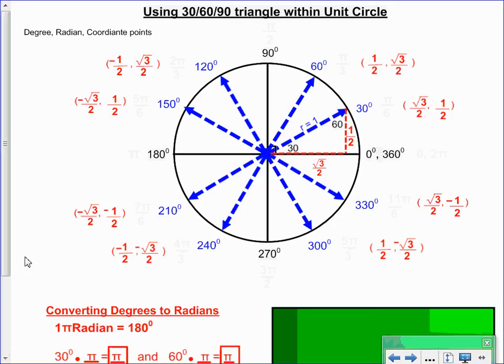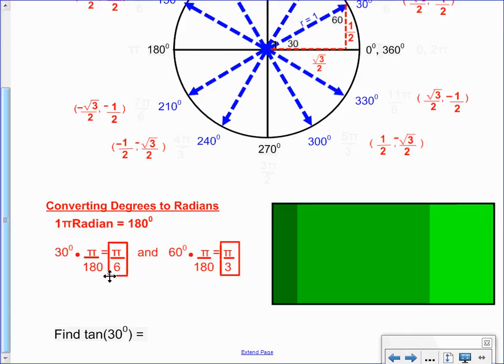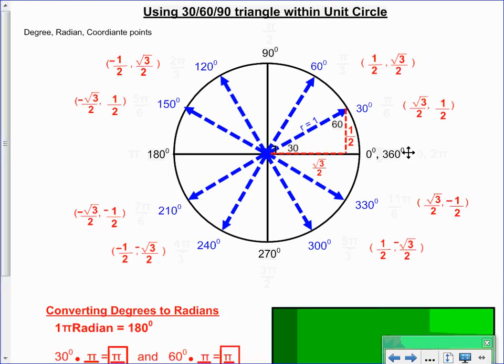All right. So the same thing again for converting to radians. Since 180 degrees is pi radians, to get 30 degrees into radians, just multiply by pi over 180, and it's pi over 6. And then 60 is pi over 3. The smallest of those is pi over 6.